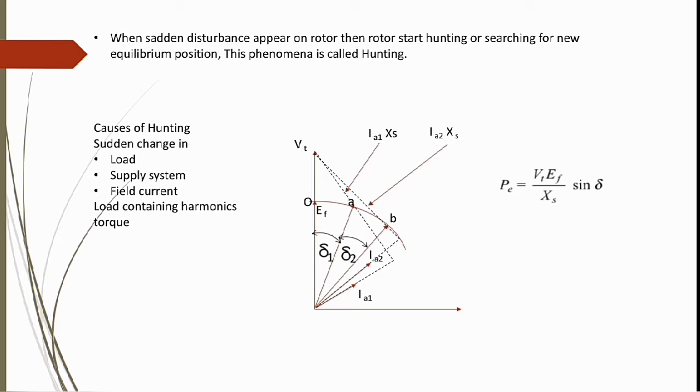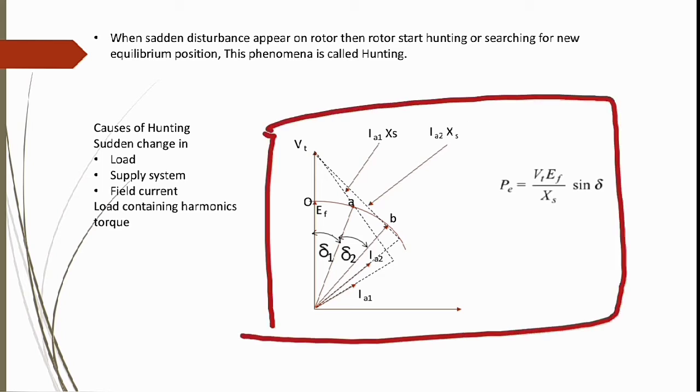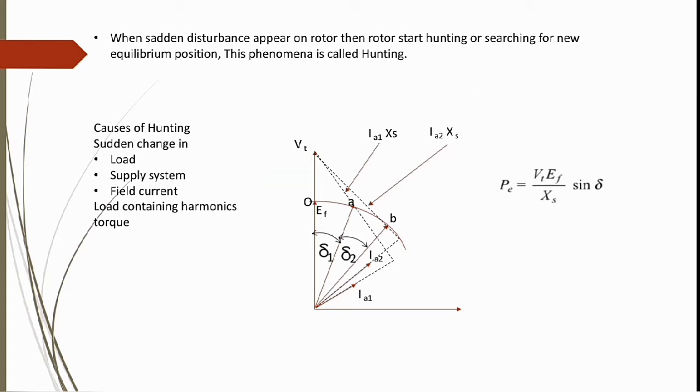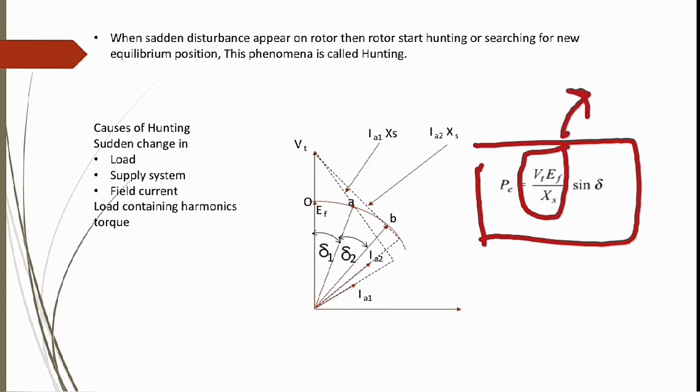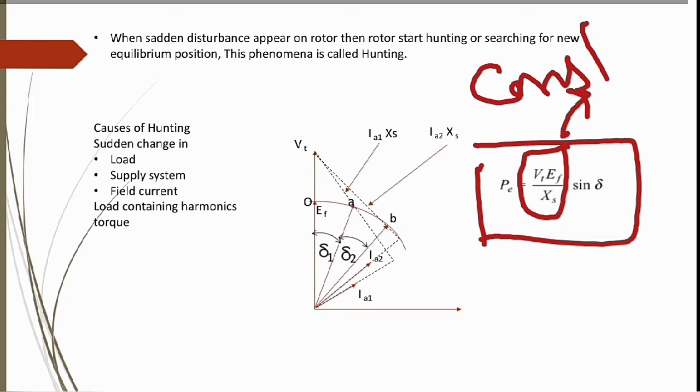From this diagram we get to know what hunting is. This is the power equation, where VT EF upon XS is a constant value. How is it constant?